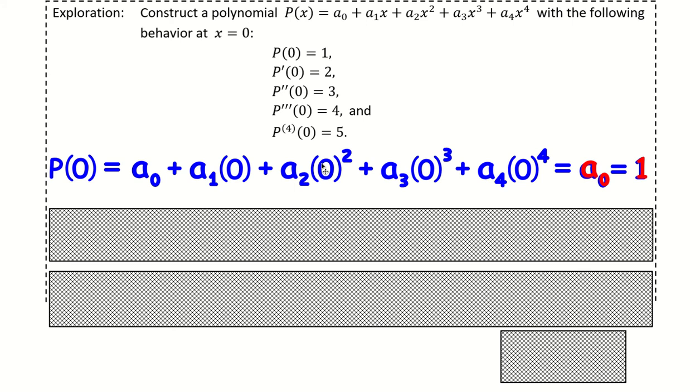Well, plugging in 0 wipes out all these terms except for a sub 0. So it turns out that a sub 0 equals 1. So that 1 right there comes right from there.